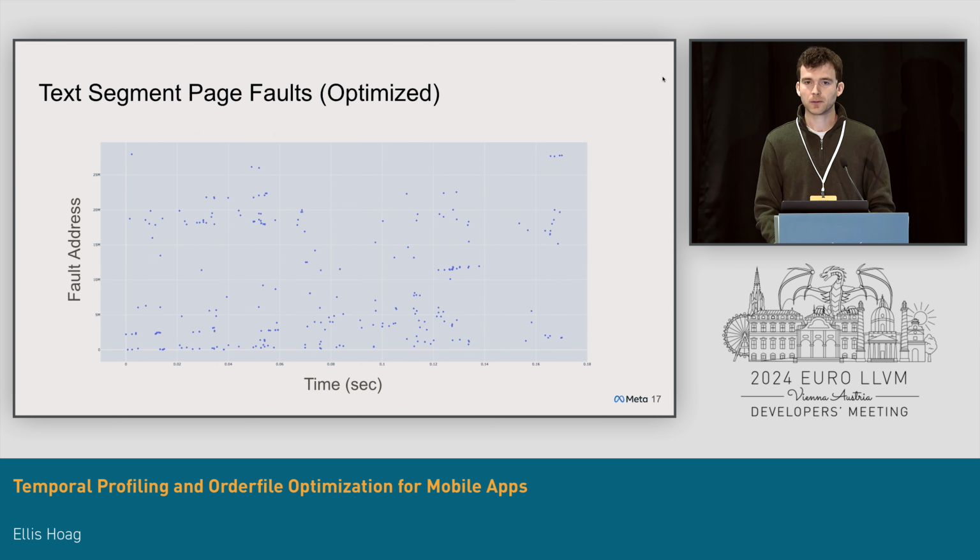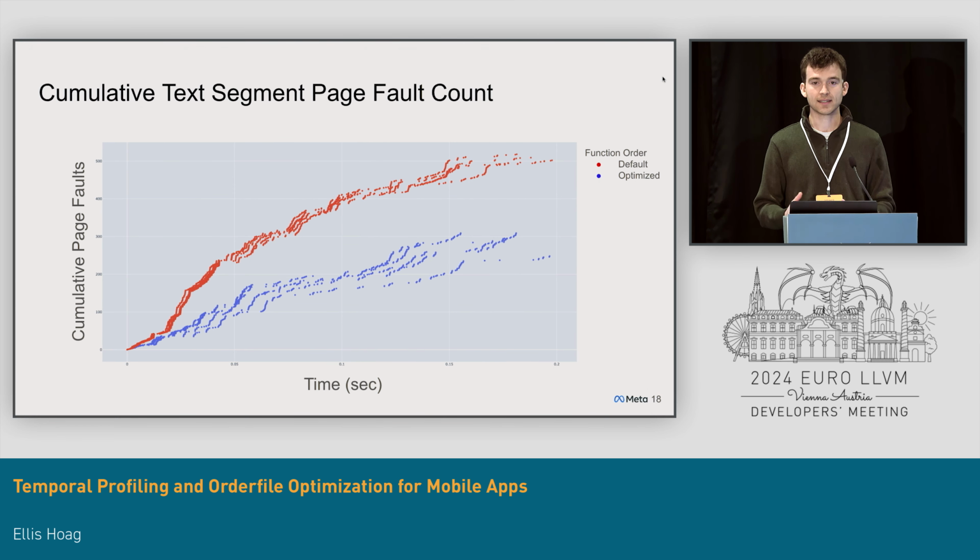And then I repeated this experiment using an app with an optimal function order to improve startup time. And it's kind of hard to see the differences between these two graphs. So I ran these experiments multiple times, and I plotted them together here. The x-axis is still time, but the y-axis now shows the total number of page faults we have seen since the app has started up.